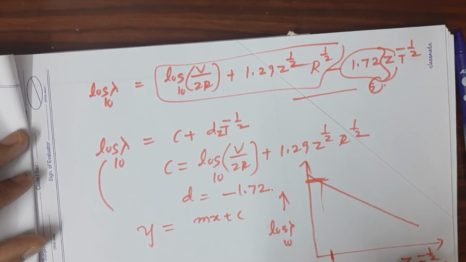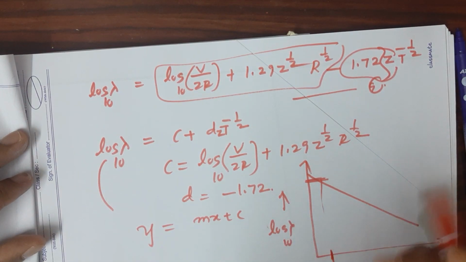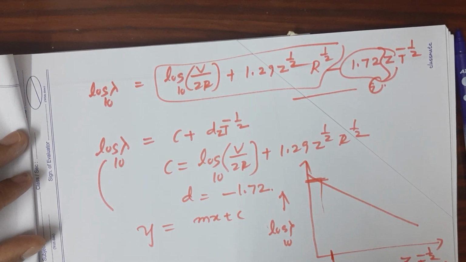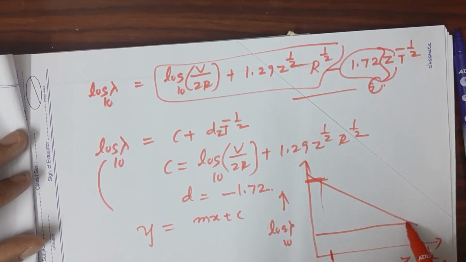So if t^(1/2) is more, Z by t^(1/2) is less, and if t^(1/2) is less, Z by t^(1/2) is more, and for that log lambda is a lesser value.